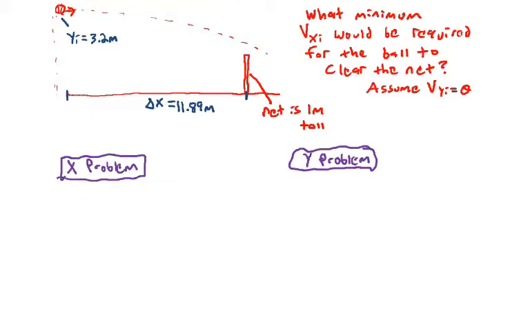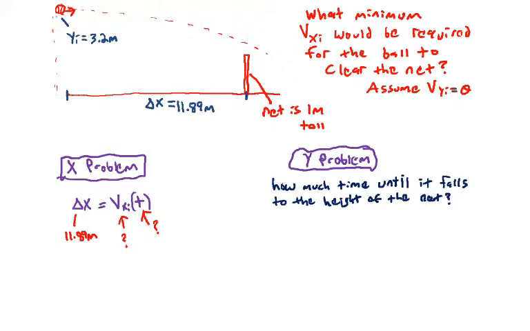Okay, so to know what's going on in the x, we know the displacement is 11.89, and we need to know how fast the velocity needs to be. But the question is, how much time do we have to clear the net as well? And so that's really going to be the issue in the y. How much time until it falls to the height of the net?